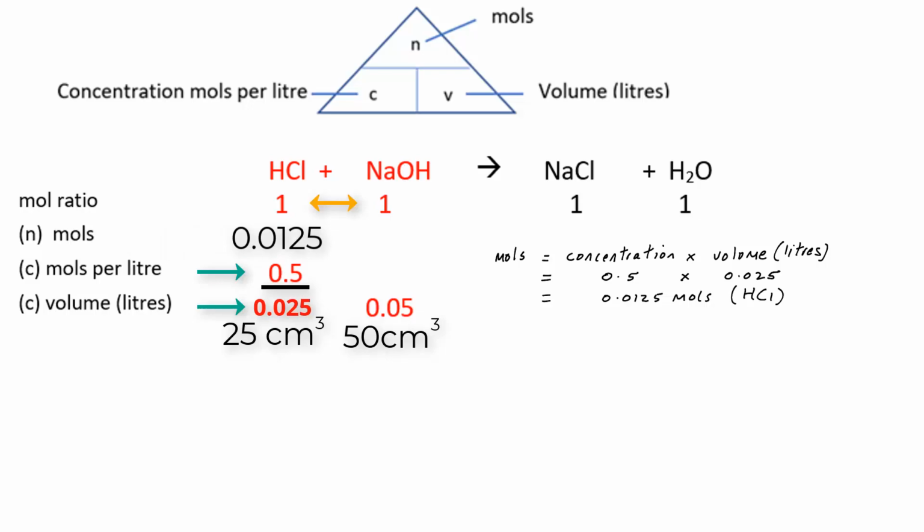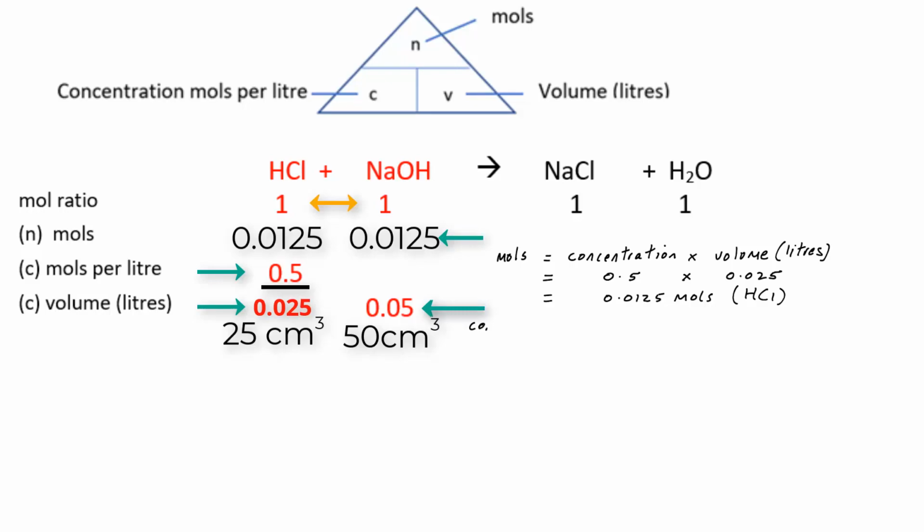Now you know that it is a 1-to-1 molar relationship, the HCl and the NaOH that is, so we can now also add 0.0125 under the NaOH. Now you will see that under the NaOH there is a volume in litres and a number of moles, 0.0125 moles. Use the magic triangle again, this time to work out sodium hydroxide's concentration.